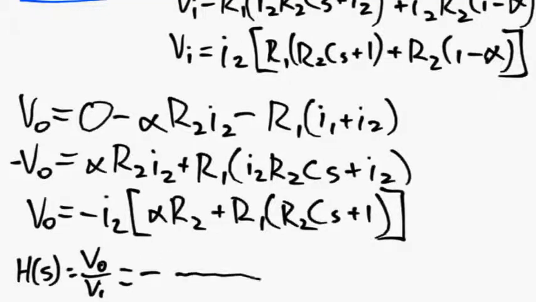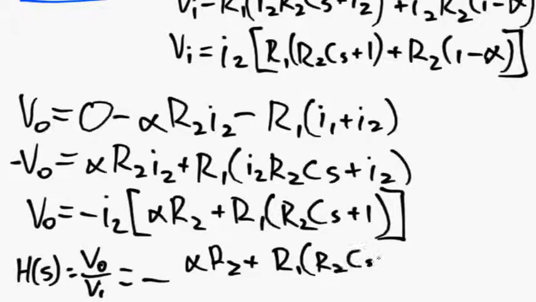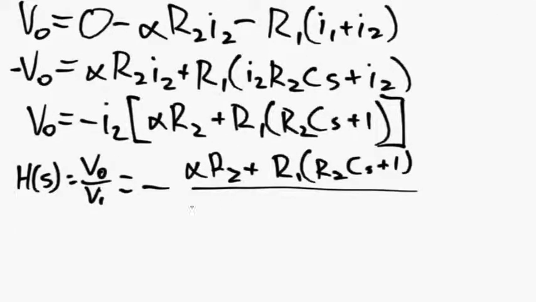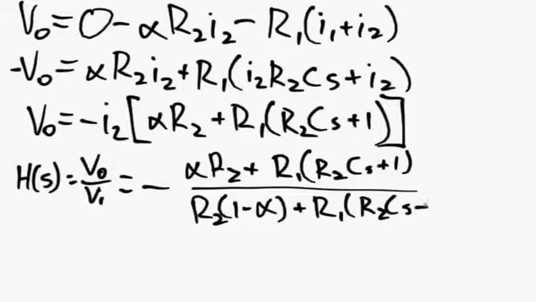Say minus alpha R2 plus R1 times R2CS plus 1, divided by R2 times 1 minus alpha plus R1 times R2CS plus 1.